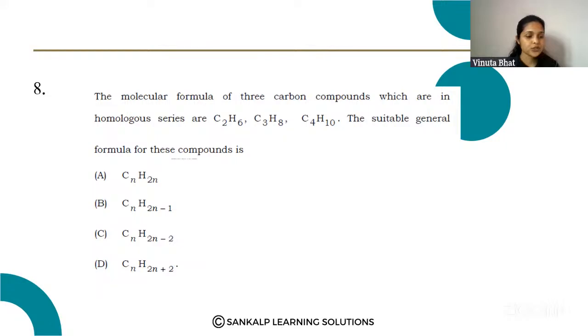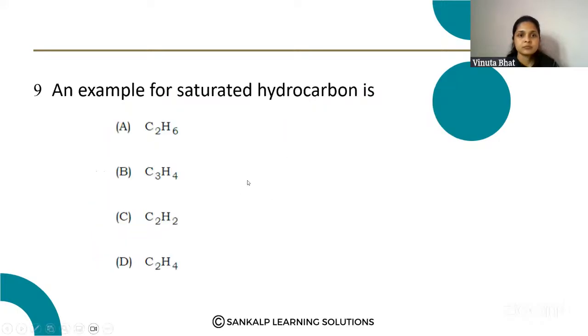Please note down the question. An example for saturated hydrocarbon is, just check it. Saturated hydrocarbon means it does not have double bonds, only single bonds are present. C2H6: 1, 2, 3, 4, 5, 6. Okay.